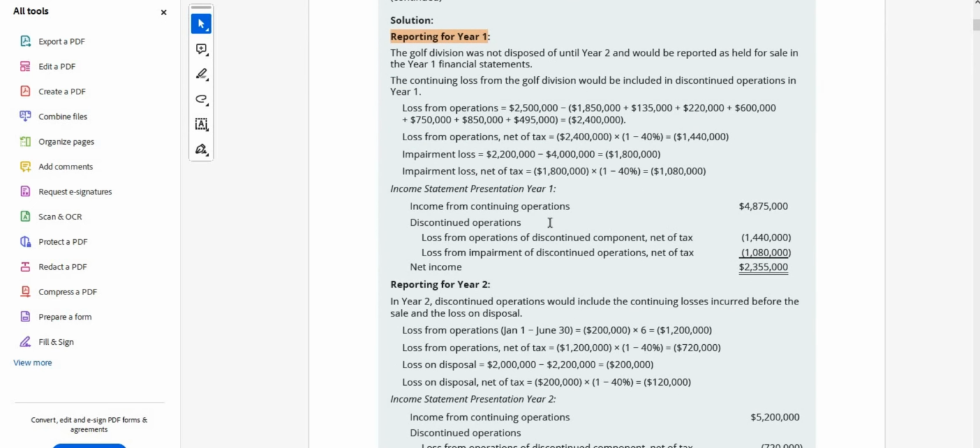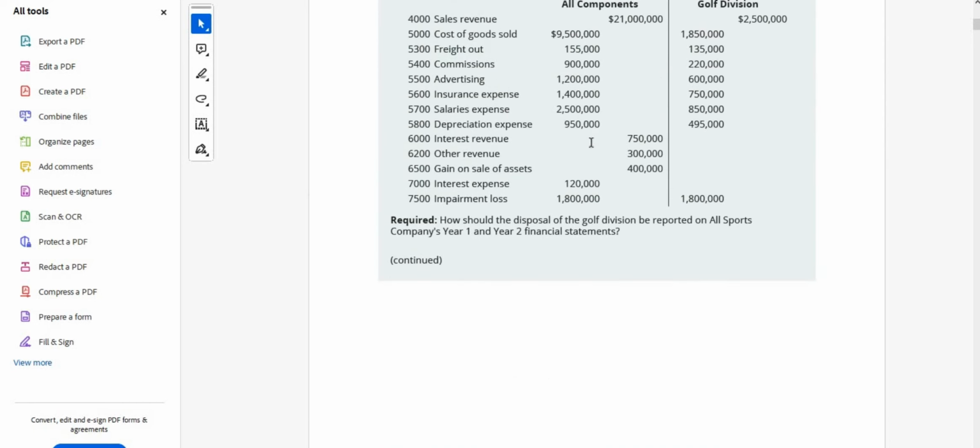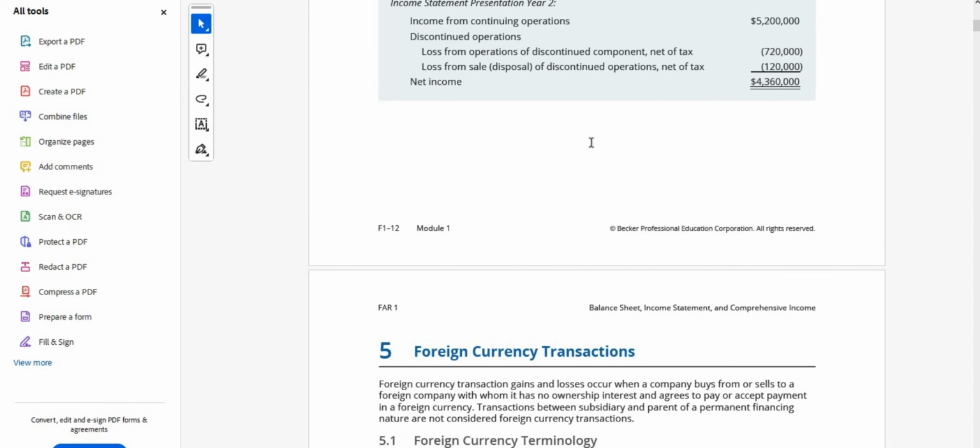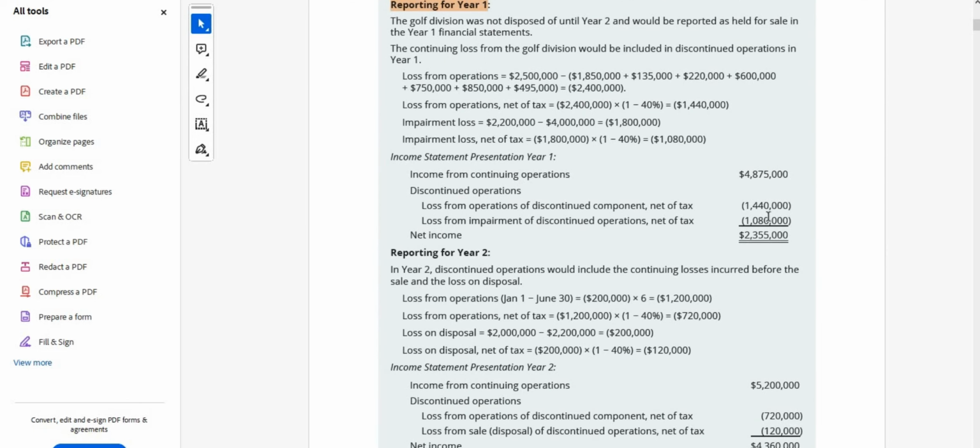Then discontinuing operation, we calculated this section, that is the golf division. We have 14,40,000 and impairment loss, all net of tax. Loss from operations of discontinuing operation 14,40,000 less impairment loss 10,80,000 comes to 23,55,000 in year 1. So we need to report year 2 also, the loss from operation.